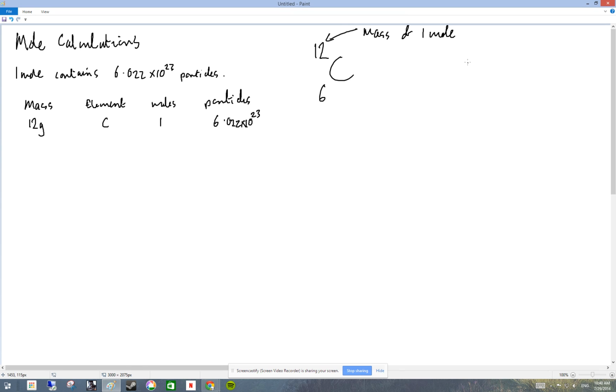On the other hand, if I take the lightest atom, hydrogen, the top number is the one that's called the relative atomic mass.